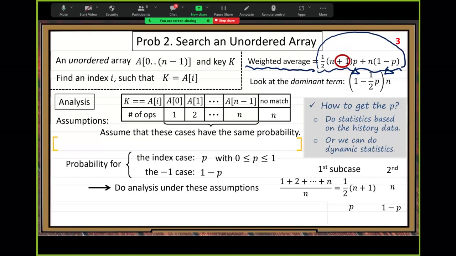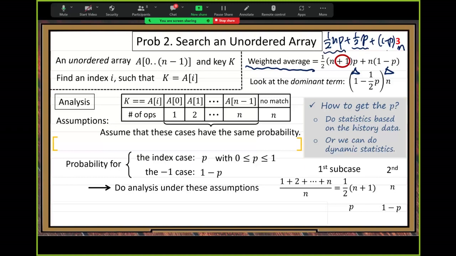This is the dominant term. To show you why we call this the dominant term, you simplify this formula: 1/2 np plus 1/2 p plus 1 minus p times n. This 1/2 p we treat as a constant term.